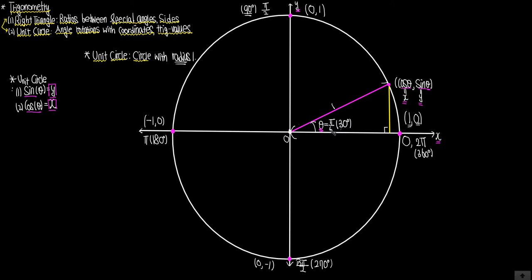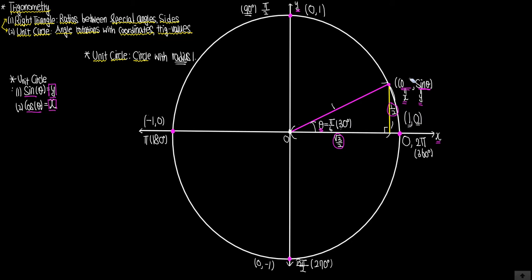The side that is adjacent to our main angle will be square root of 3 over 2 when the main angle is 30 degrees. And the side that is opposite to our main angle when it is 30 degrees is 1 over 2. Then we can realize that the x value, which is cosine theta, is square root of 3 over 2, and the sine theta, which is the y value, will turn into 1 over 2.